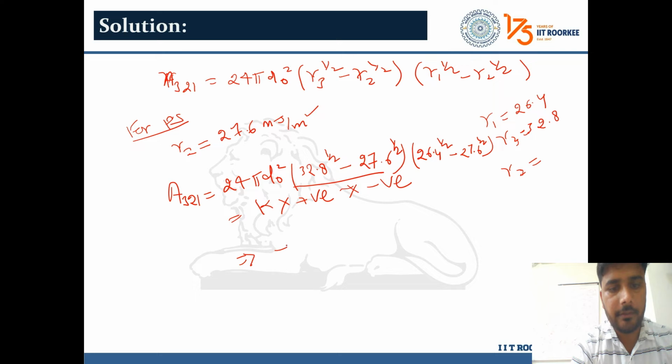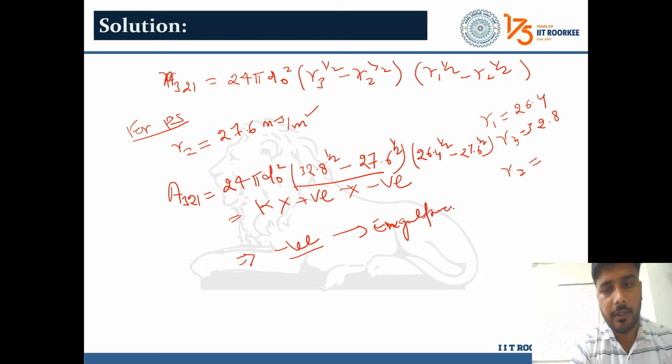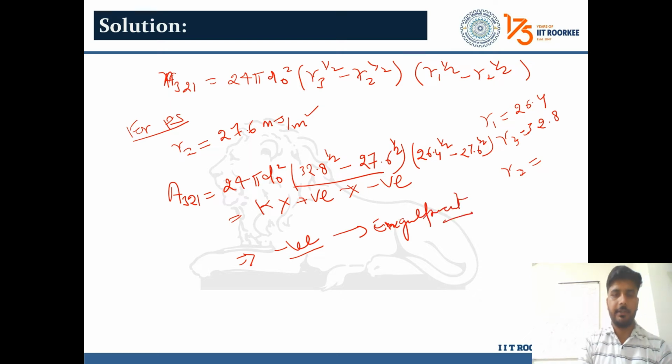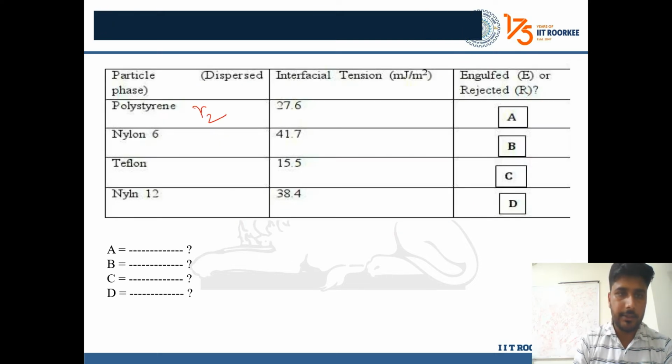So the resultant will be a negative Hamaker constant. Based on this, it will show engulfment at the solidification front. Similarly, you can calculate for the other dispersed phases. Let me write here E, and based on E or R, just mention it here.